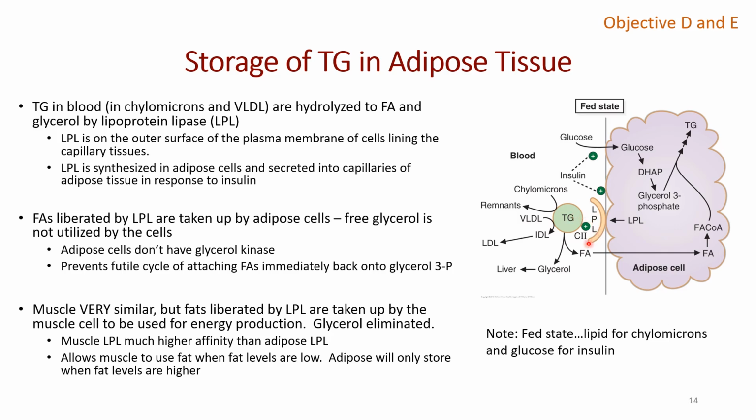And notice that the insulin now makes the LPL, the lipoprotein lipase enzyme, far more active in binding and digesting the triglyceride and the particles themselves. So insulin is a really powerful signal that tells adipose tissue it's time to store fat.